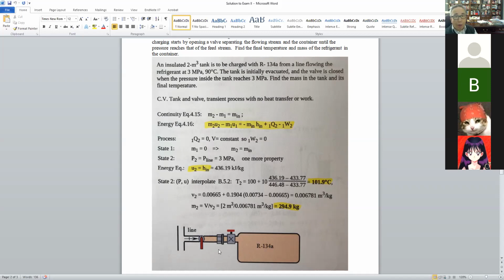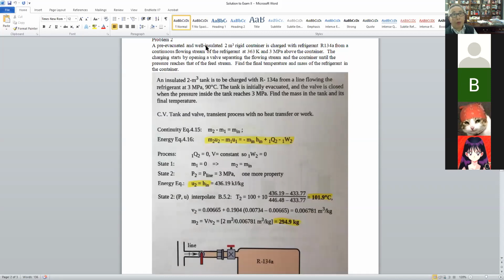So that's how the fluid going into the container will gain some energy eventually. It's well insulated, so it will gain energy. Energy will eventually become heat. That's temperature. Okay, this is a conceptual issue. So you can make judgment. If your answer turns out to be lower, you know something is wrong. Okay.